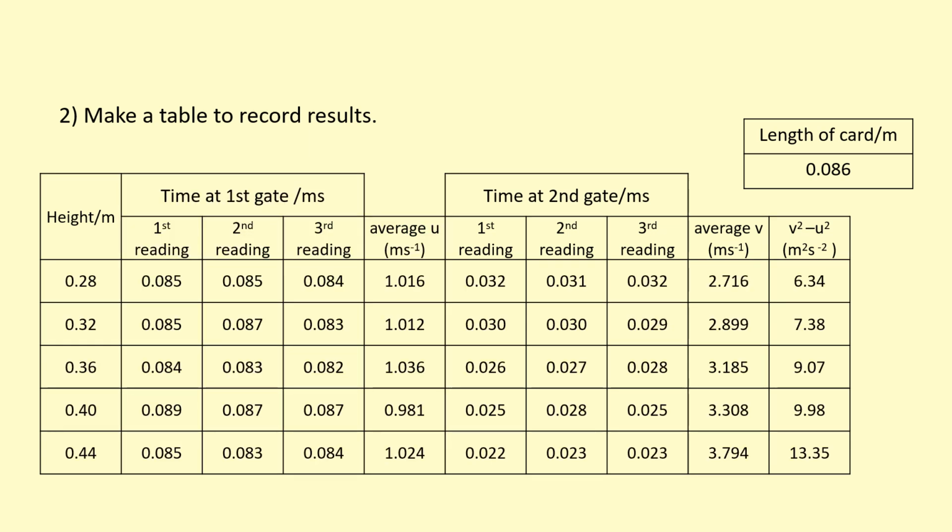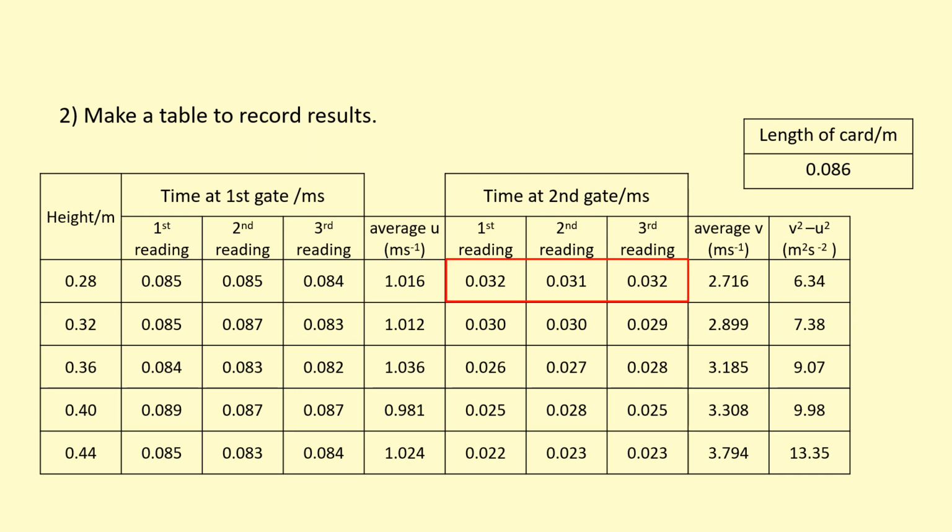Here's an example of the data that I have. As you can see, I'm changing the height. For each height, I have 3 readings of time for the first light gate because I've repeated it 3 times for each height. Okay, so take this, average it, find the average time to go through the first light gate, divide the length of the card by the average time to get the initial velocity through the first light gate.